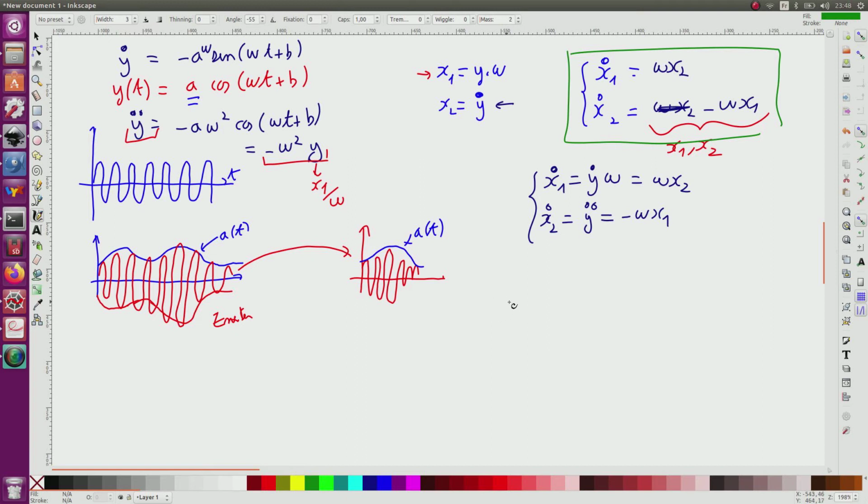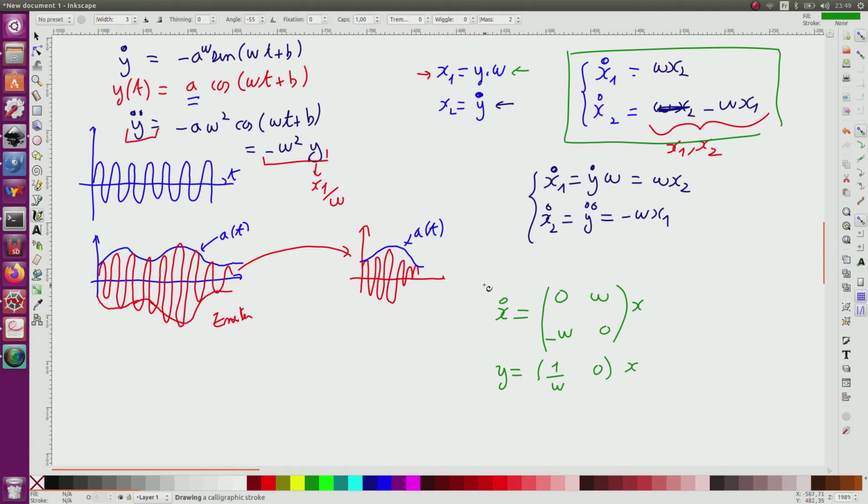So in a matrix form, I will have x dot equal 0 omega minus omega 0 times x, and y equal to, so I take this, 1 divided by omega 0 times x.